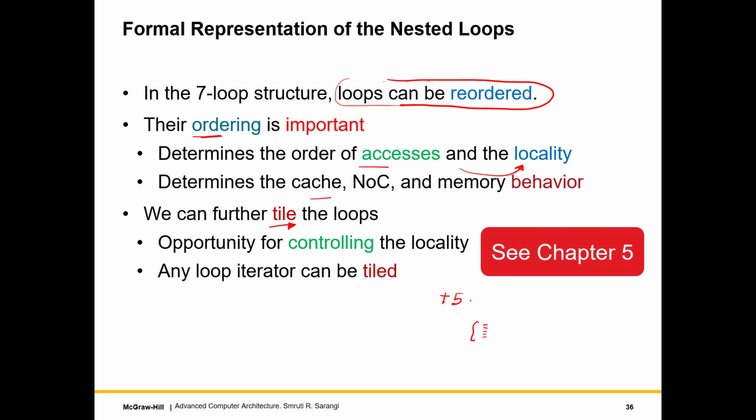The key advantage is caching. If these block sizes are well chosen, then we read the block into the caches, do all our operations on it and write it back. So tiling is an important thing. And in case you don't know what tiling is, please go and look at the videos of chapter 5 of this book.